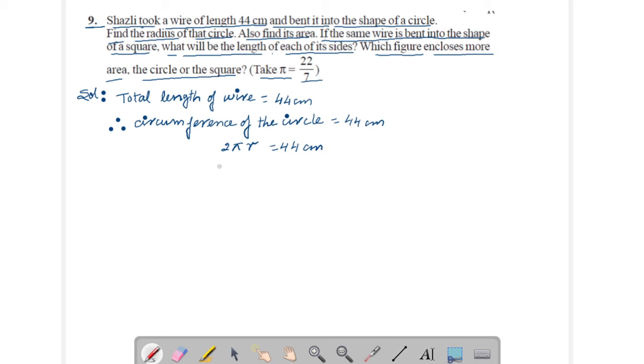Here put the value of pi and find the value of r. You will get 2 into value of pi is 22 upon 7 into r equal to 44.